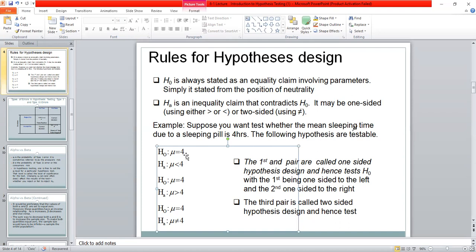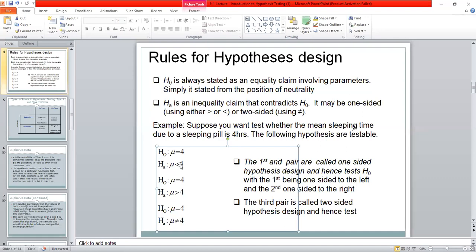But your data leads you to accept it. The consequence now is to the consumer. So type 2 error is sometimes referred to as the consumer's risk. I'm just giving other names for these errors.